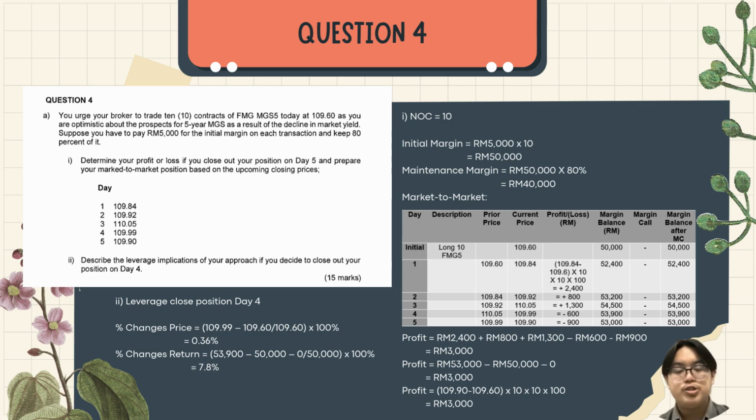However, it can also magnify loss if the market moves against the investor. So overall, the investor made a profit of 3,000 ringgit if the position is closed on day 5, and if the position is closed on day 4, the investor earned a 7.8% return on margin due to leverage.